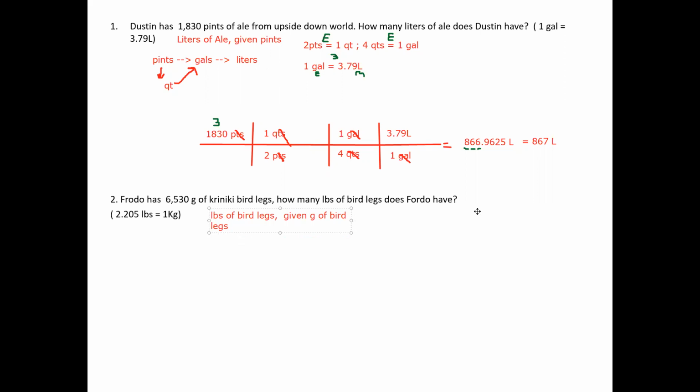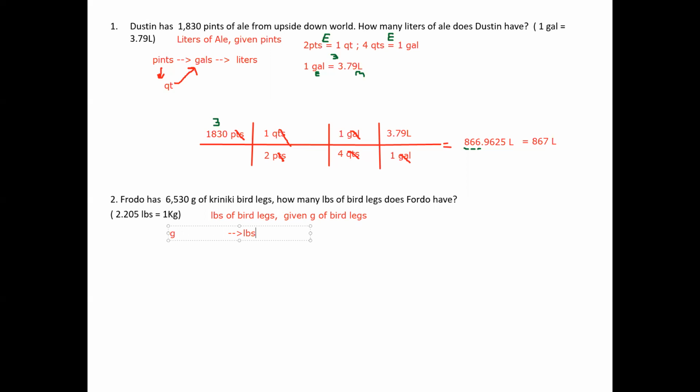And we're given grams of bird legs. So based on the information given to us and the conversion factors given to us, we have to convert from grams to pounds. And so we start with grams. We need to go to pounds. And in our conversion given to us, it doesn't link pounds and grams directly. It gives us pounds and kilogram.